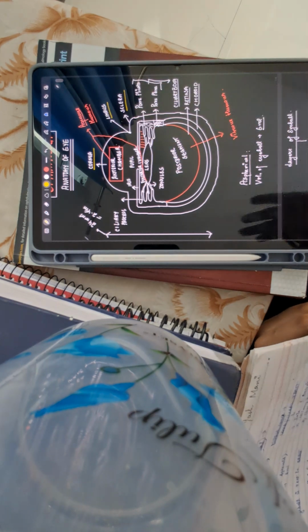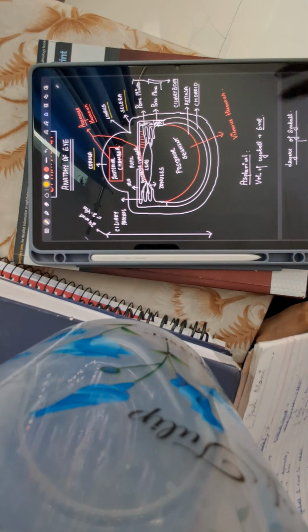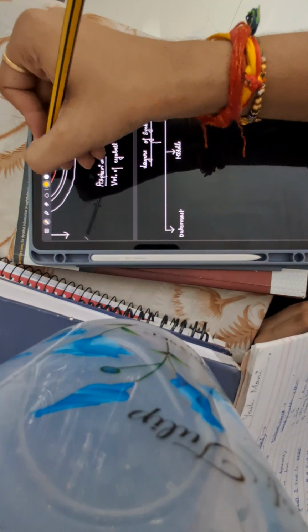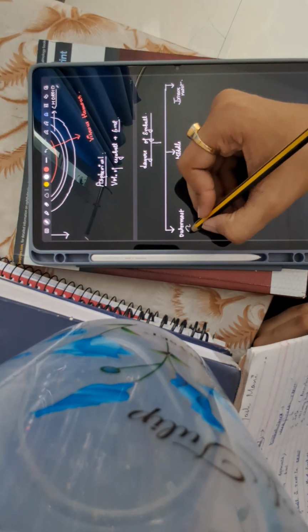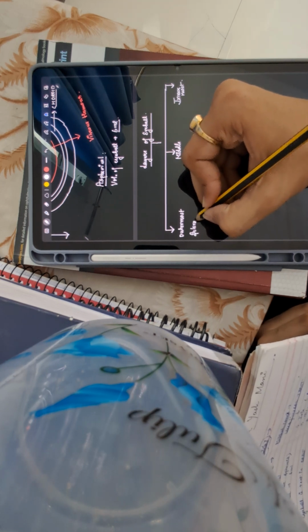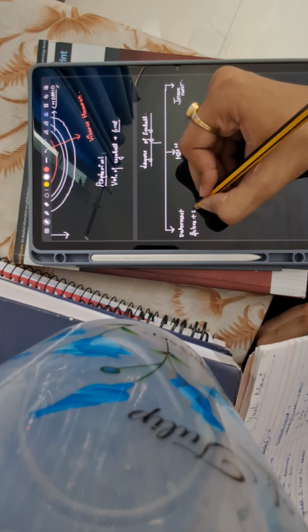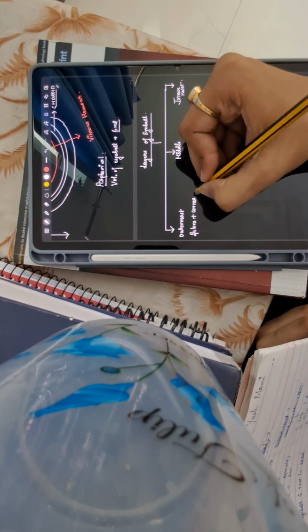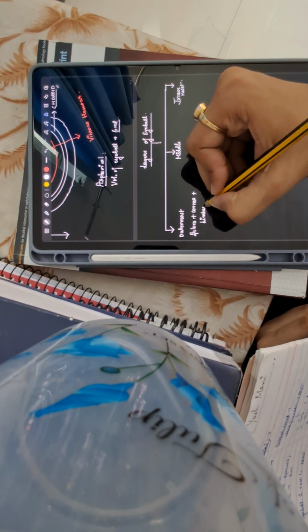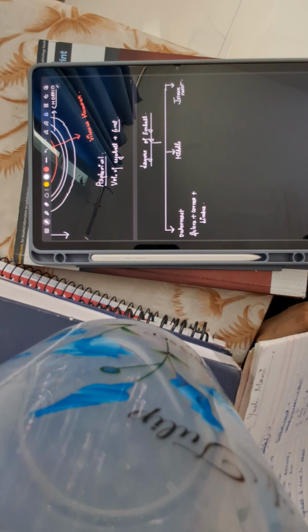So of course the cornea, limbus and sclera form the outer structure, the outermost layer. Let's go into details for this.